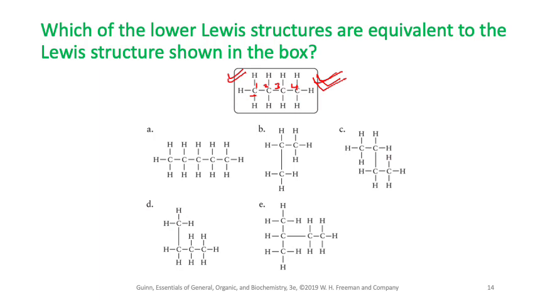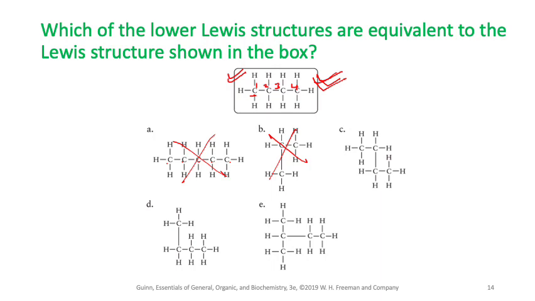So let's see how many of these line structures have 4 carbons. The first one has 1, 2, 3, 4, 5. It's not possible to have the same line structure because it has 1 more carbon. Let's talk about B: 1, 2, 3. It's also not possible. It has only 3, not 4. So you cannot make the same kind of line structure, right?